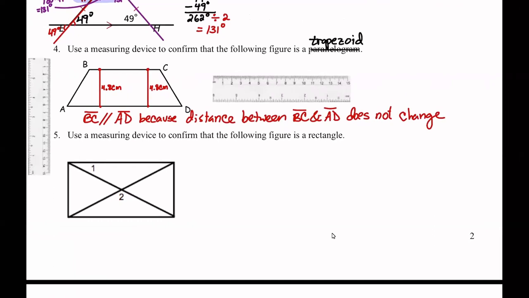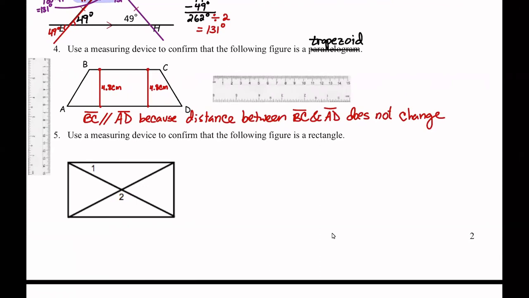The distance between the line segments BC and AD does not change for all relevant points. Because there's some points over here that don't matter. Like in this neck of the woods, we don't care about it because BC is already ended.